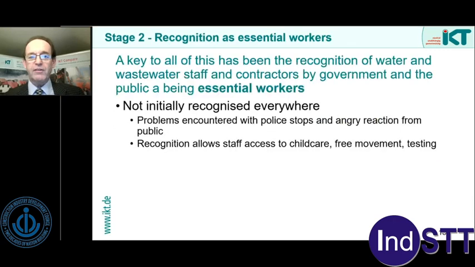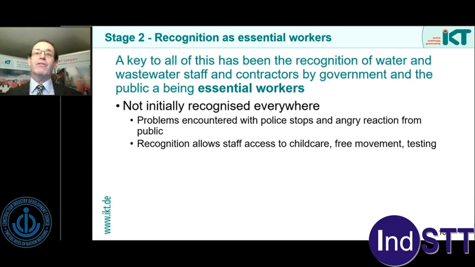And when we look at a key issue that cropped up for many organizations, it was getting their staff recognized as being essential workers. And this wasn't recognized everywhere. So you have guys out trying to maintain water and sewer supplies getting stopped by the police.